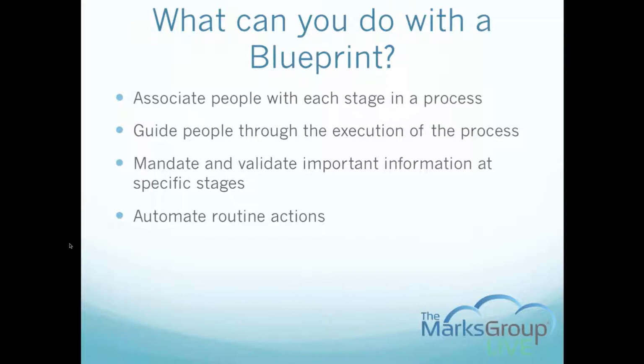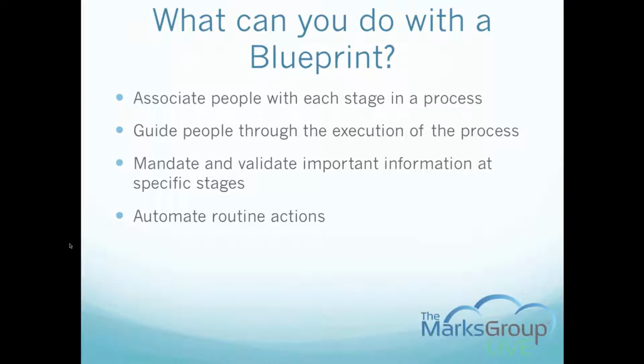As I mentioned, you can guide people through the execution of a process so they know what they need to do at each step. Related to that, you can also mandate and validate important information. For instance, maybe you only move to a certain stage if you have $50,000 in revenue. You can require that the user put that revenue amount into Zoho, and then validate that it meets the requirements to move through the process.